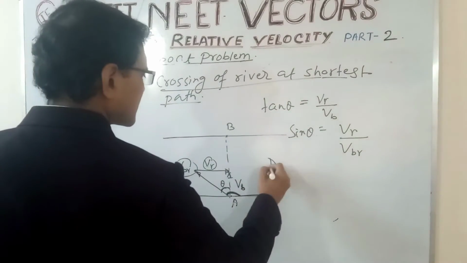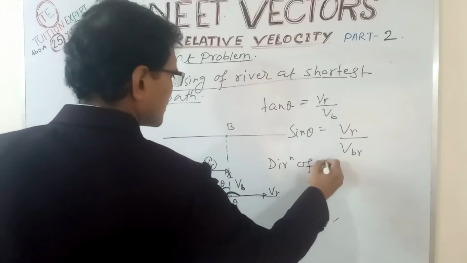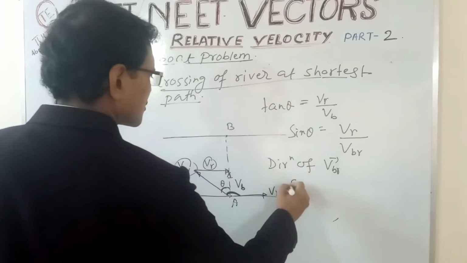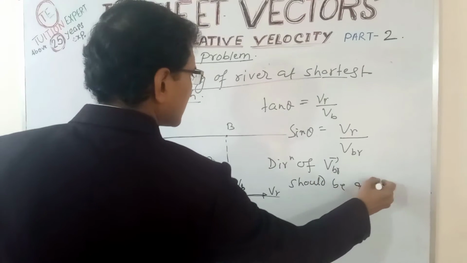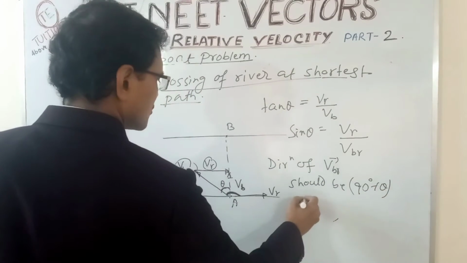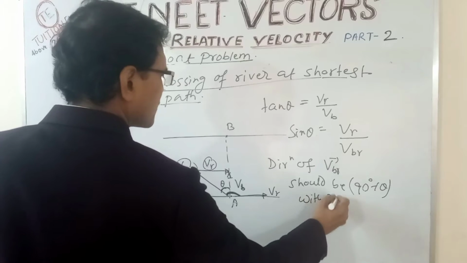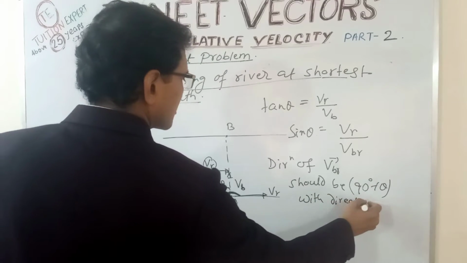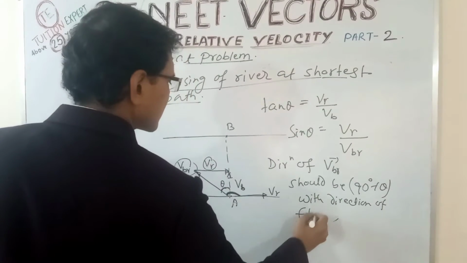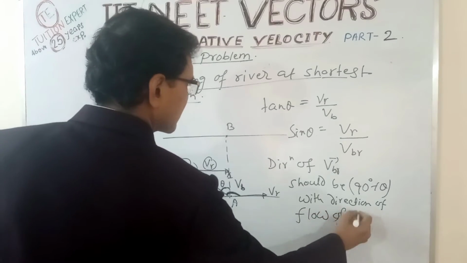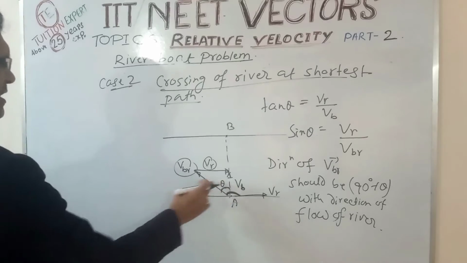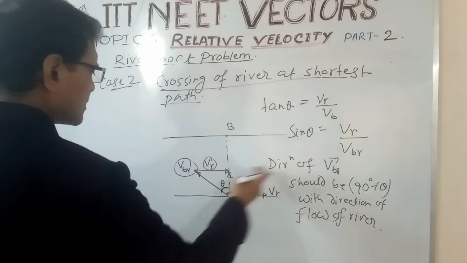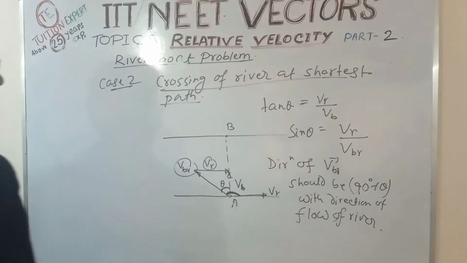So the direction of VBR should be 90 plus theta with the direction of flow of river. If we get theta, then we can write the direction of velocity of VBR.